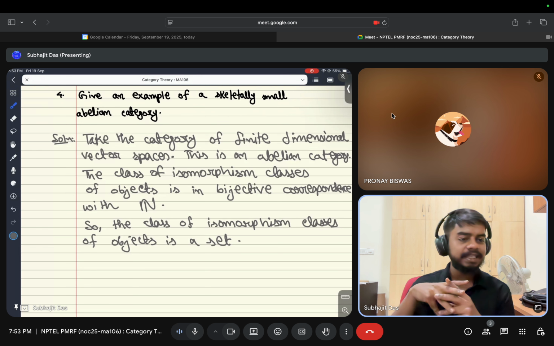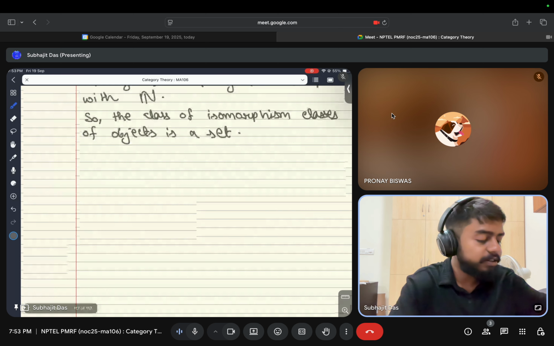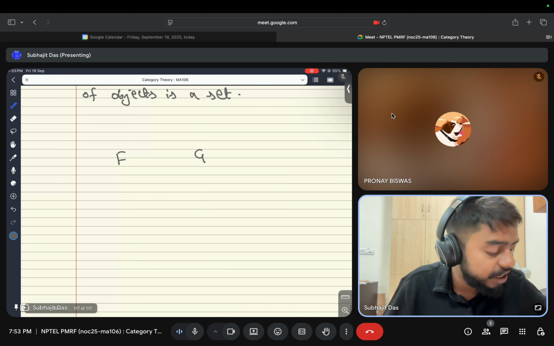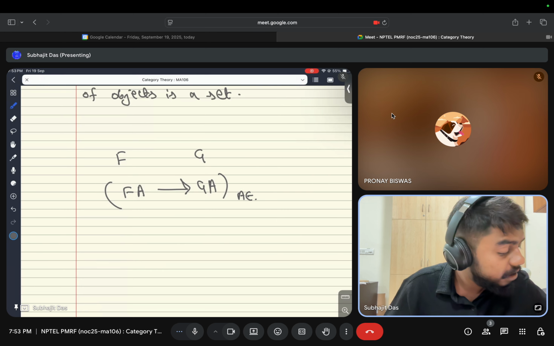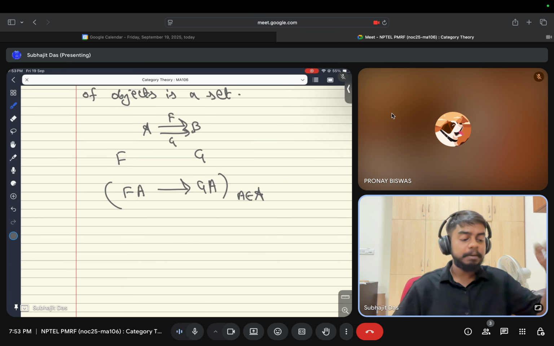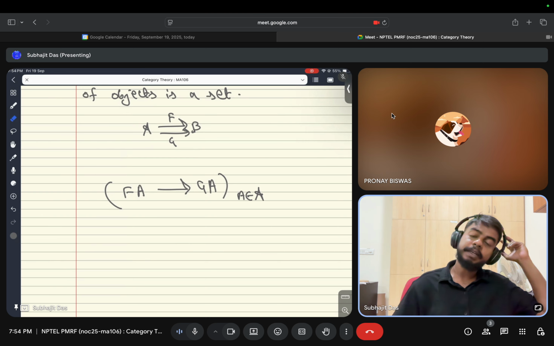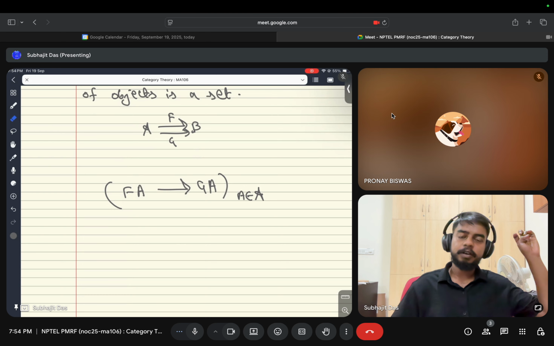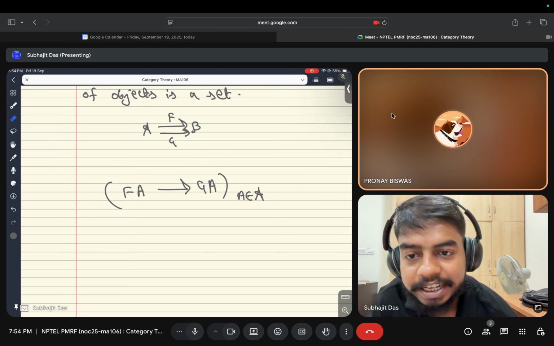So can you give me an example of a functor F, a functor G, and a class of morphisms FA to GA, one for each object A, where F and G are parallel functors, both from A to B, but which is not natural? I'm asking this for a reason, I'll tell you next. But can you think of a class of arrows, or give me an example of one, which is not natural?